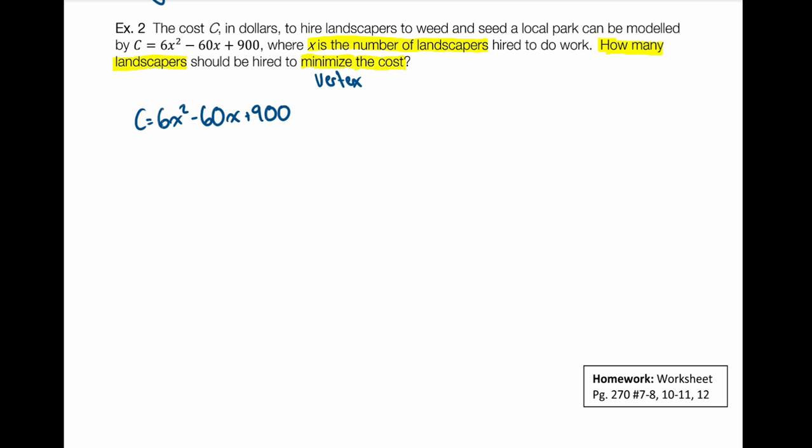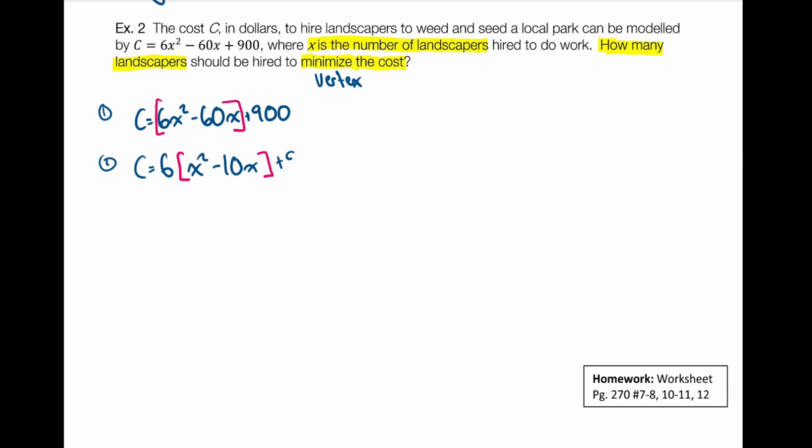So again, just going to go right through the steps. So I'm going to put brackets around the first two terms. Second step, I'm going to common factor them so that the value in front of x squared is 1. In this case, I need to common factor out a 6 so that I'm left with x squared minus 10x.